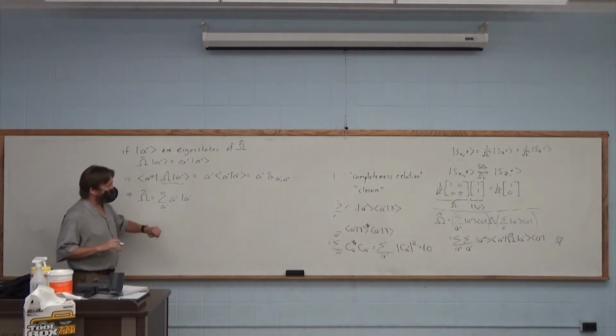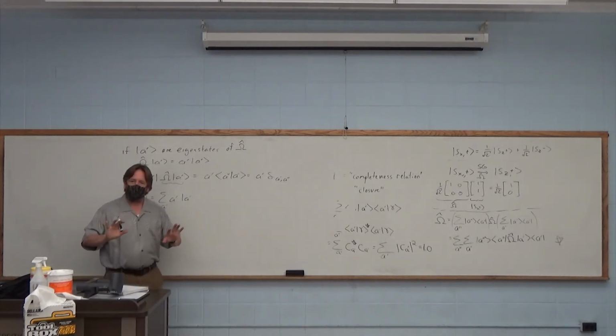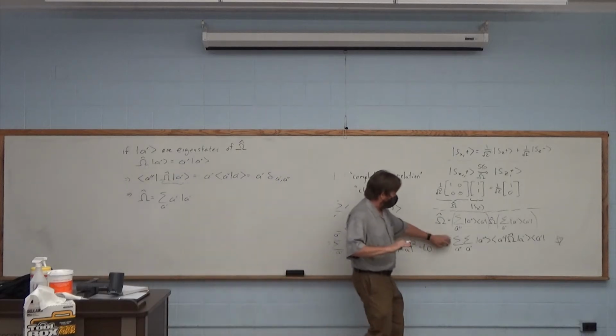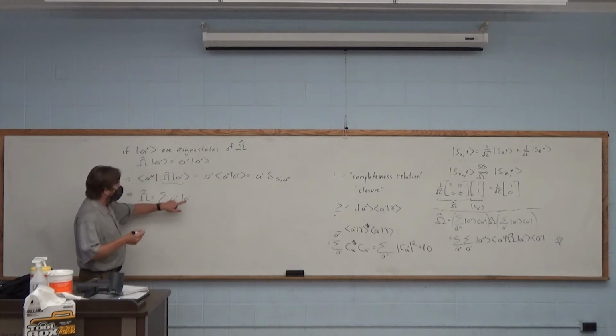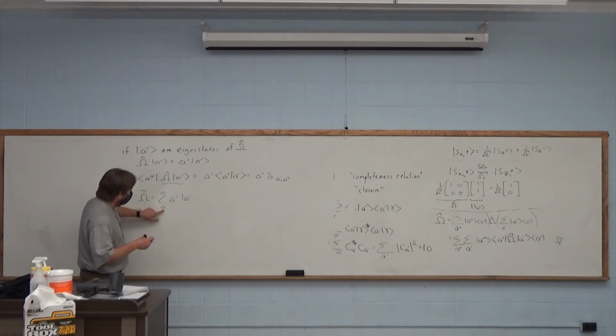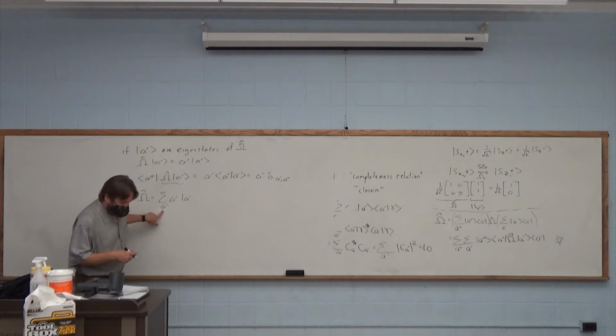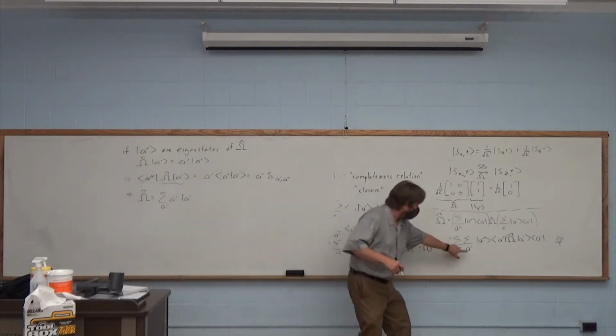That means the sum is now gone, it's been dealt with. The sum has already been summed. Everything was 0, except for one term, where A double dash was A dash, leaving behind this one right here.